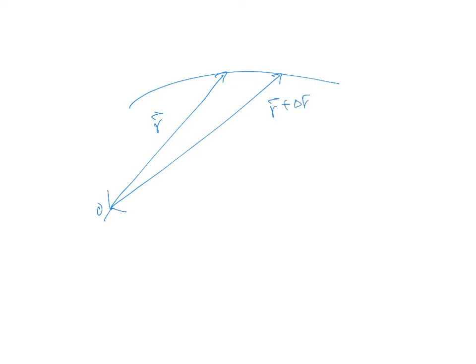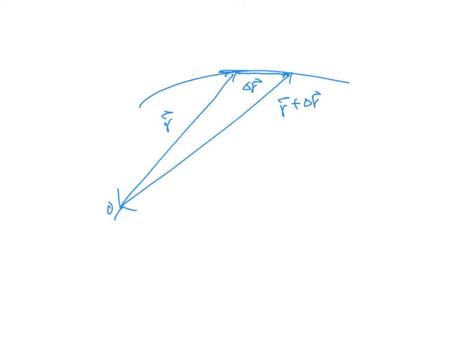R plus delta R. This is delta R. So this vector is actually a unit tangent vector at P (x, y, z).